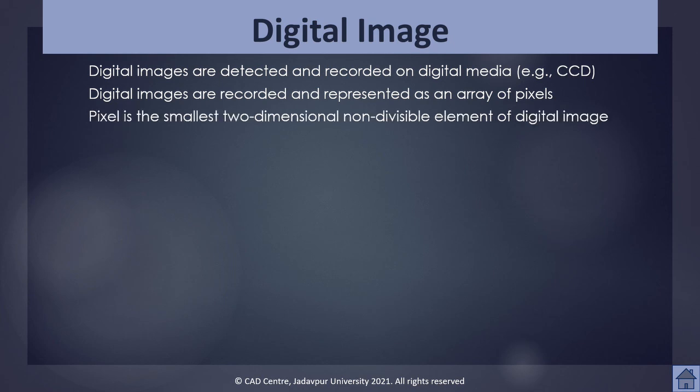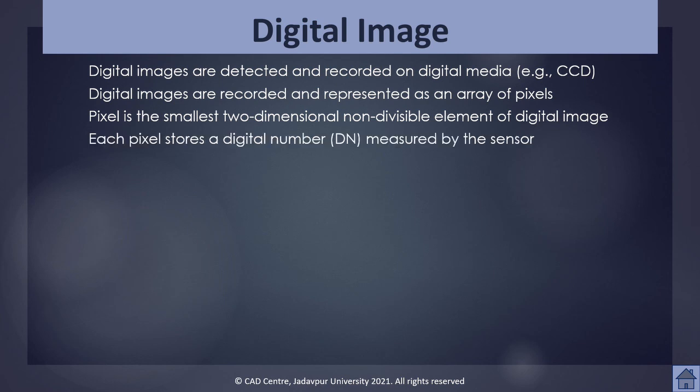Then what is a pixel? A pixel is the smallest two-dimensional non-divisible element of a digital image. Each pixel stores a value. This value is called digital number or brightness value, and this value is measured by the sensor, and a pixel represents an individual area scanned by the sensor.